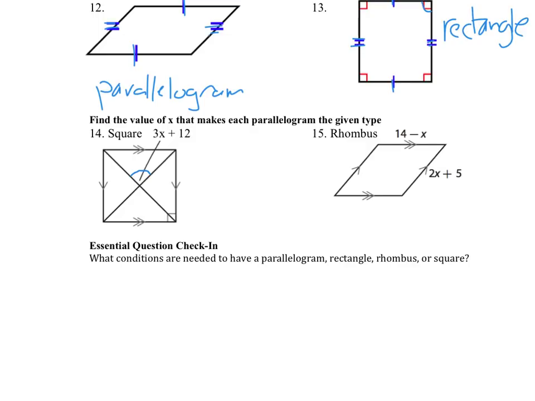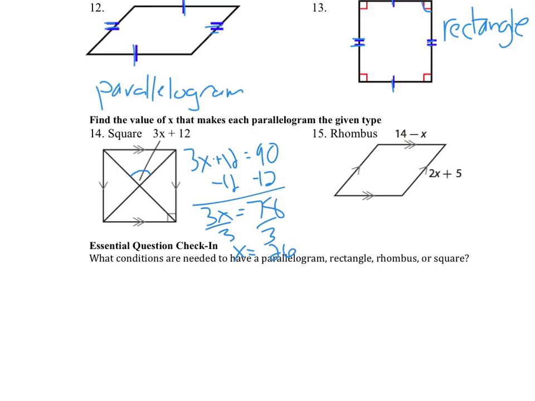So then if that were a square, we could say that 3x plus 12 equals 90. Subtract 12 and 3x equals 78, divide by 3, and x equals 26.